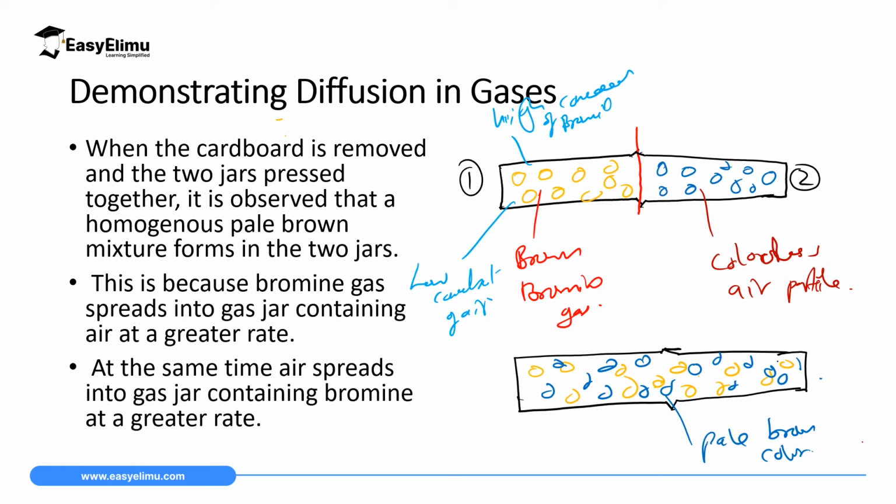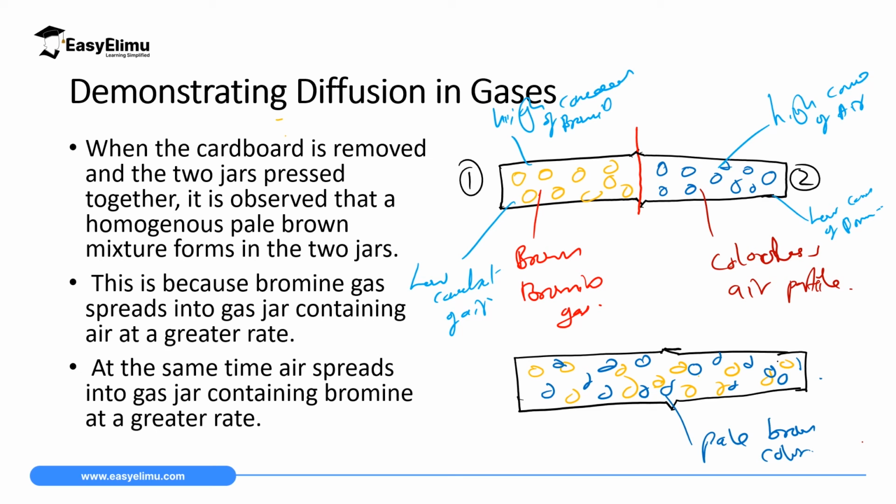So in the first jar we have high concentration of bromine, and at the same time in the first jar we have low concentration of air. In the second gas jar we have high concentration of air, and at the same time we have low concentration of bromine. So the two gases will move from where they are highly concentrated to where they are lowly concentrated.